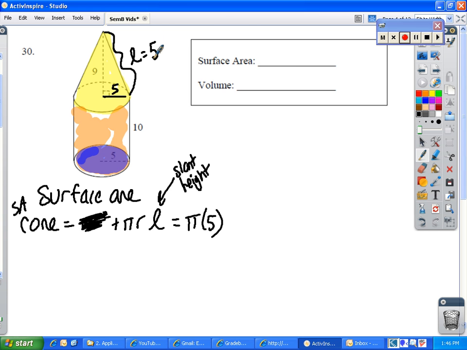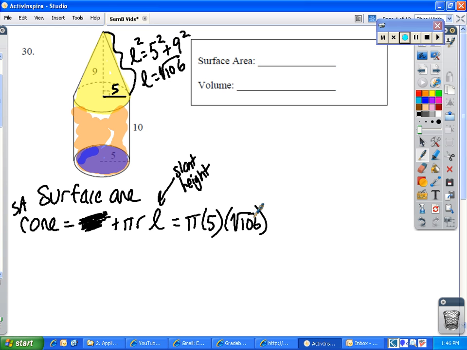So if we use the Pythagorean theorem, 5 squared plus 9 squared equals L squared, we can find out 5 squared being 25, plus 81, that's 9 squared, 106. So L is equal to the square root of 106. So that's the part of the cone.